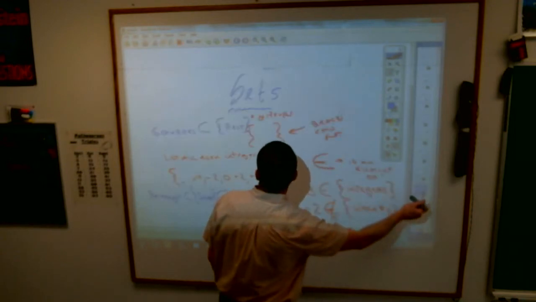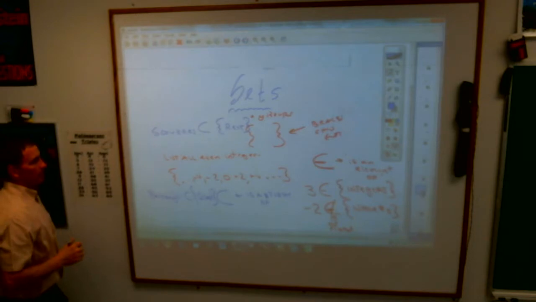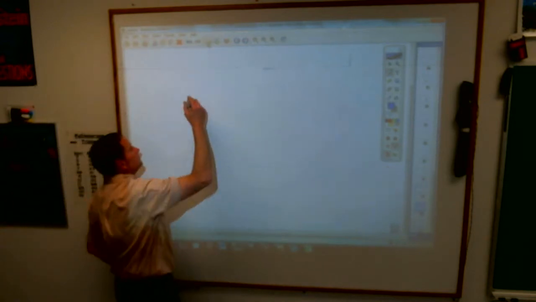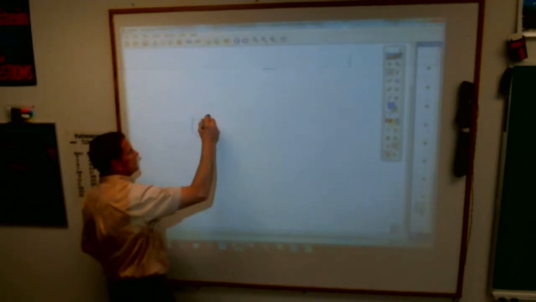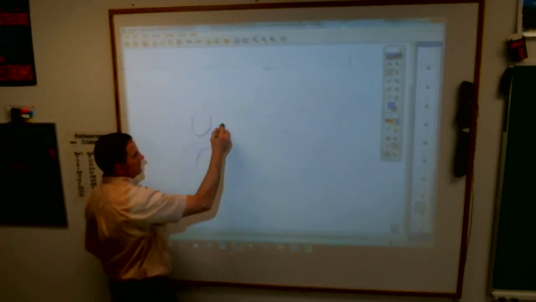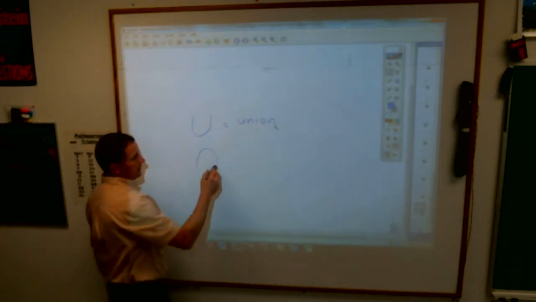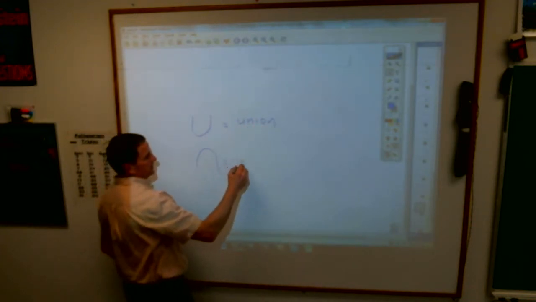Go back to your sets, because I have to give you a couple more things here. Under sets, we've got 2 other symbols. One looks like this, and it's called a union. And this one is called an intersection.